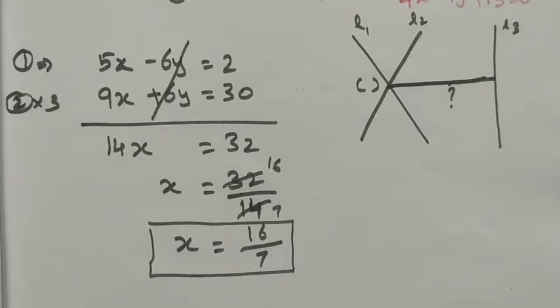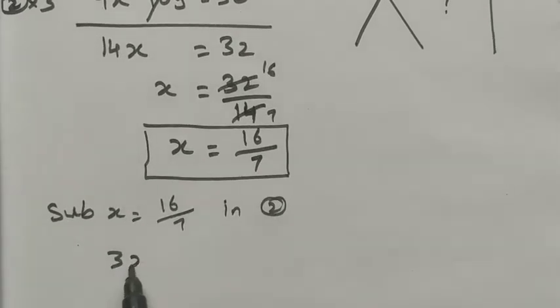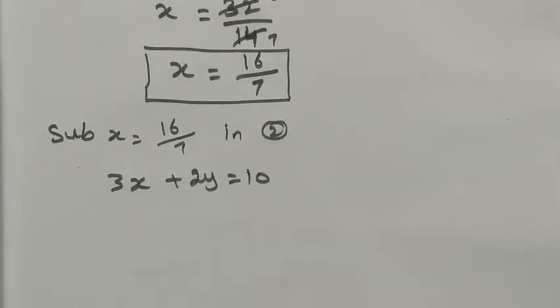Now the same value of x I am going to apply in equation number 2. Substitute x is equal to 16 divided by 7 in either equation 2 or 1. I choose equation number 2, which is 3x plus 2y is equal to 10.